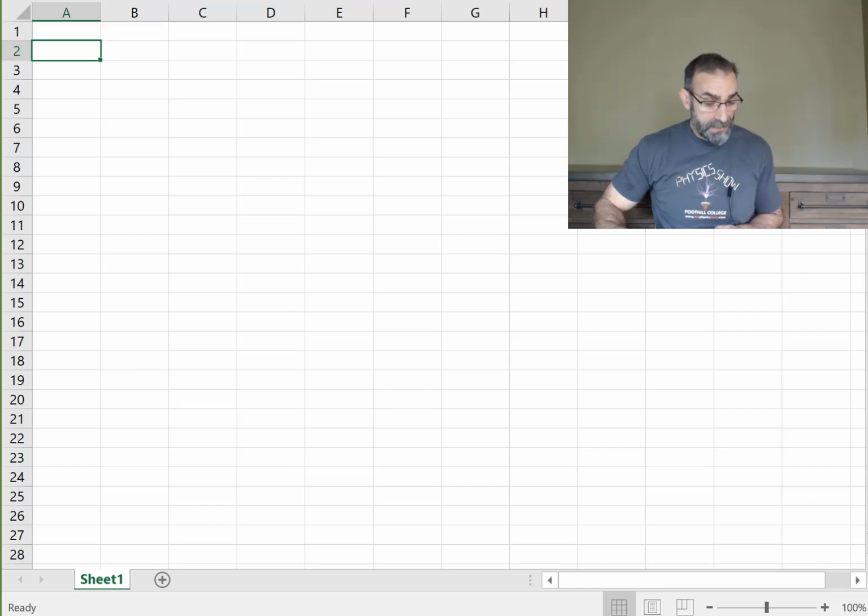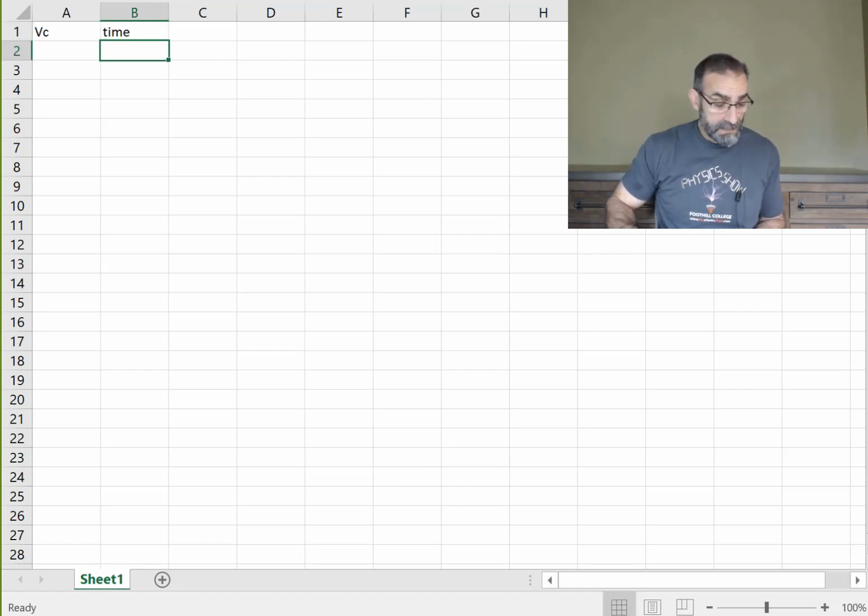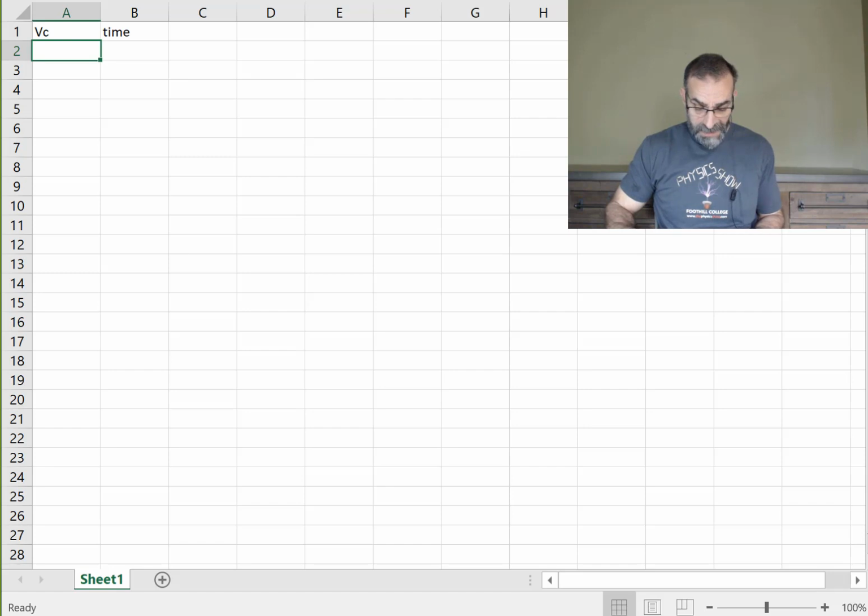If I have, let's call this the voltage, V sub C, voltage across my capacitor, and this would be time. And then I just have some values. It starts at 8 at time 0, right?